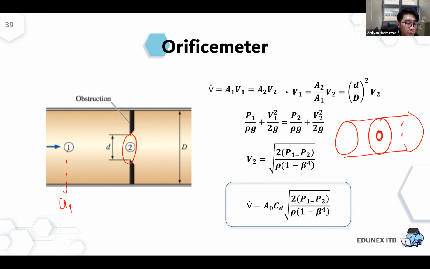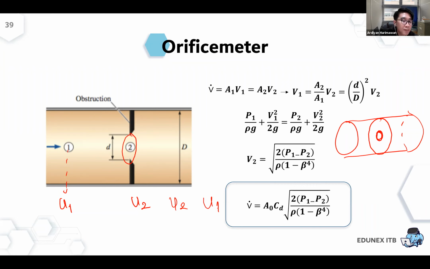So in order to measure this velocity, you install the orifice, and then what happens to the velocity at point 2? If you have small diameters, if you compare velocity at point 2 and velocity at point 1, will it become higher or lower?